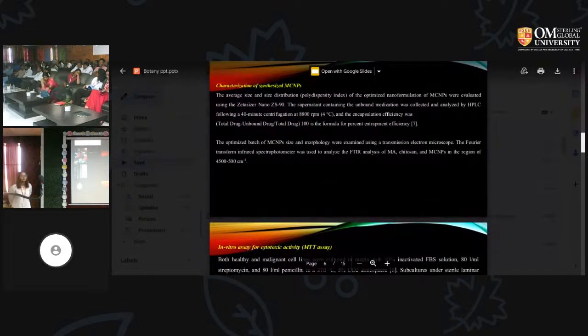Characterization of synthesized MCNPs: the average size and size distribution of optimized nanoformulation of moronic acid were evaluated using the Zetasizer Nano ZS90. The supernatant containing the unbound medication was collected and analyzed by HPLC.